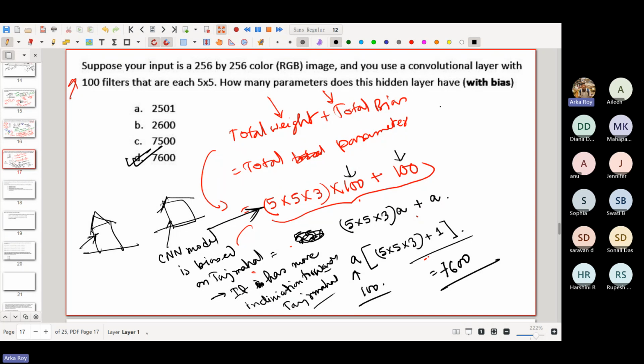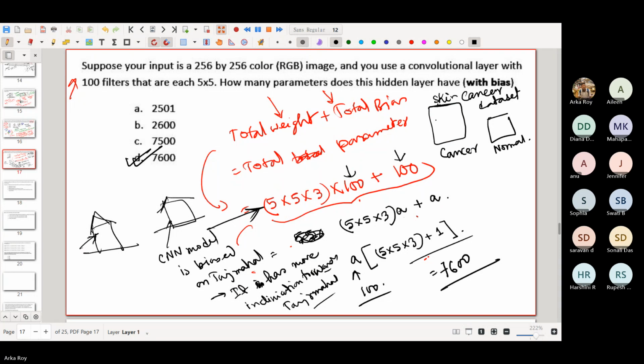For example, in a biomedical case, let there be a skin cancer data set. In that particular data set, you have two cases: one is cancer, one is normal.